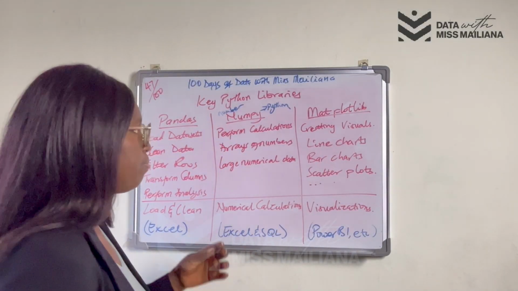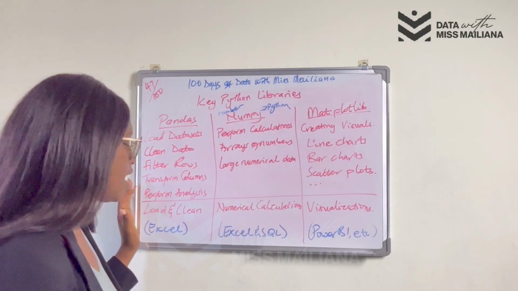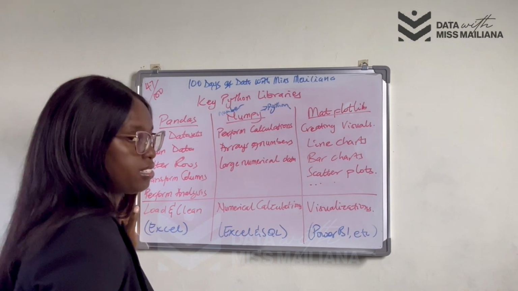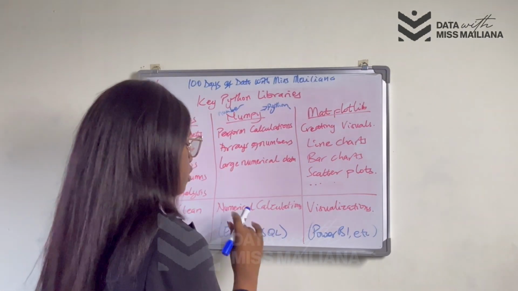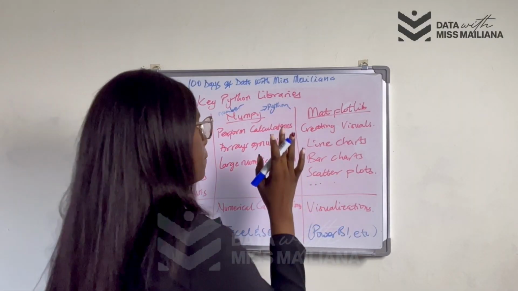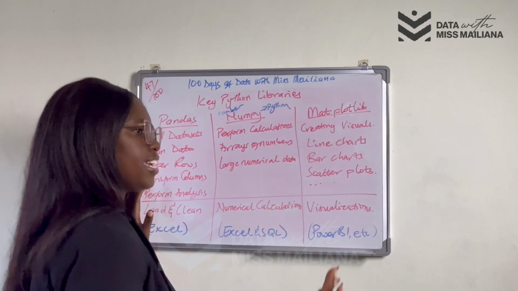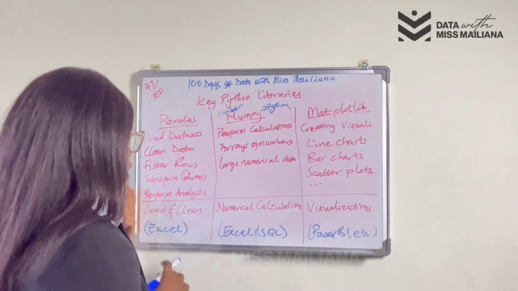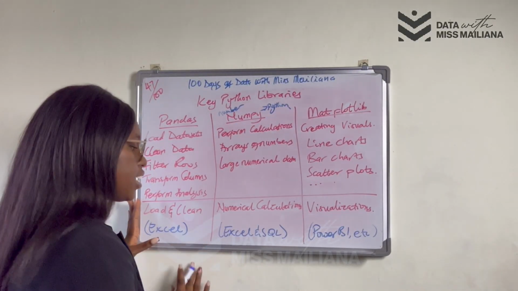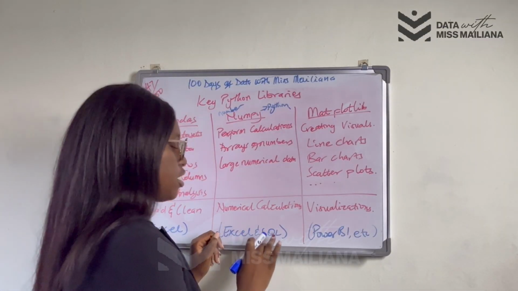So in all, when you are dealing with Python as a data analyst, Pandas will help you load and clean your data sets. NumPy is going to help you do your numerical calculations, and Matplotlib will help you create your visuals. So in a nutshell, remember, you learn Excel and use it for your data and to clean your data, and then you do some calculations in Excel and SQL.